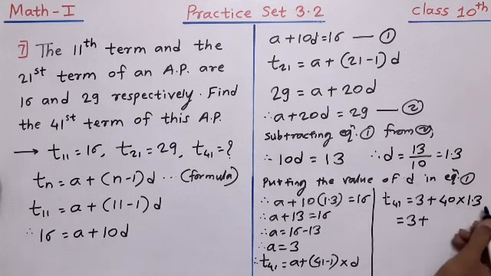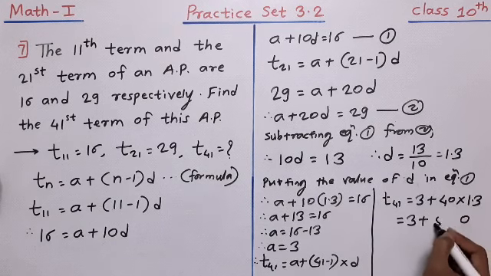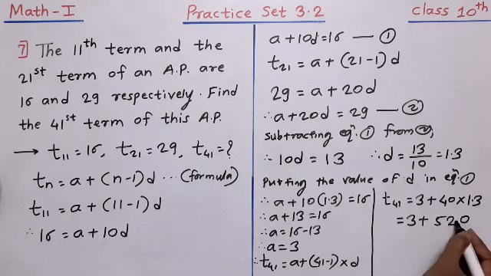Now this multiplication can be done by multiplying 40 by 13, and then you can put the decimal point there. Now 13 zeros are 0, 13 fours are 52, and as there is one decimal place, from unit place you can put the decimal point here.